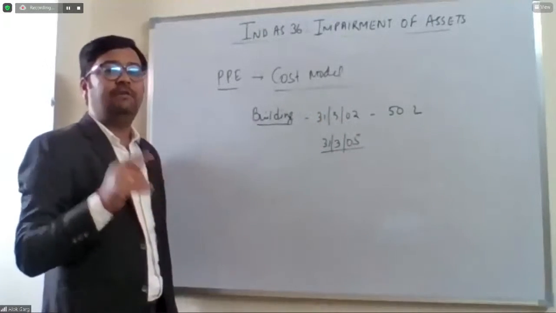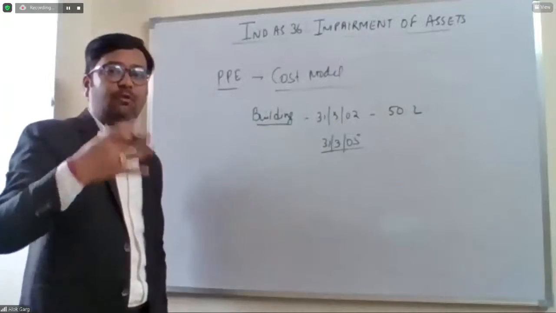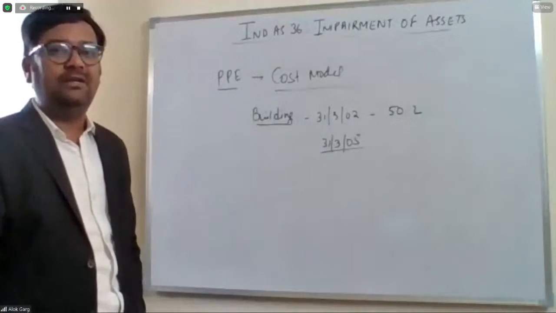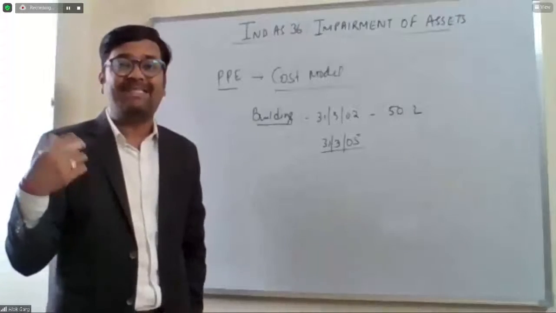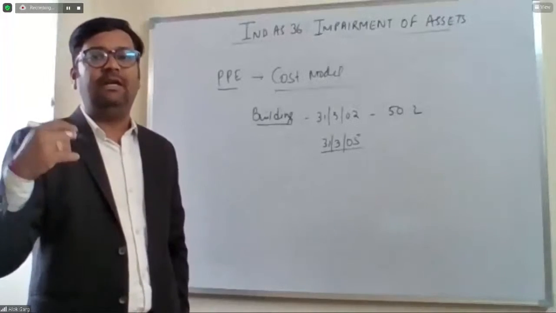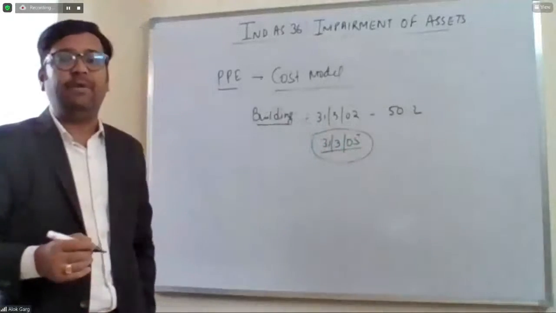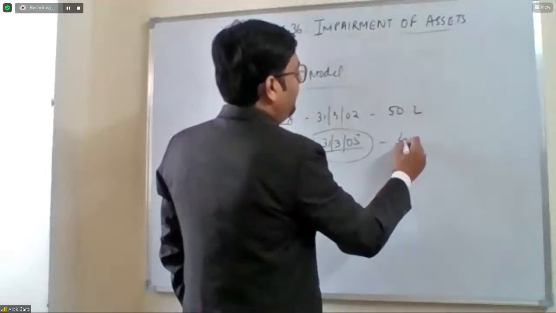The government announced that it will pass a highway near this building, so there will be a lot of noise and pollution, and a probability of accidents as well. So the value of the building has gone down. There is an impairment indicator on this date. It has gone down by, let's say, 10 lakh and becomes 40 lakh.